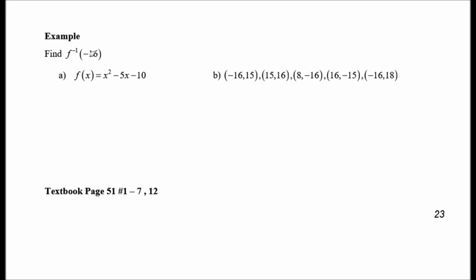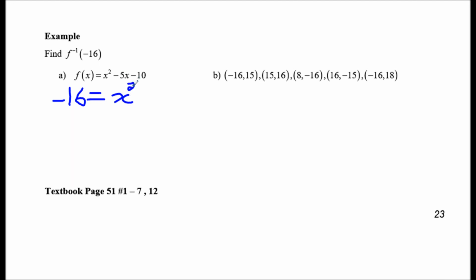This is saying put -16 in for x into the inverse. Well, wouldn't that be the same as putting -16 in for y into the original? So when they say put -16 in for x in the inverse, that's no different than putting -16 in for y in the original.